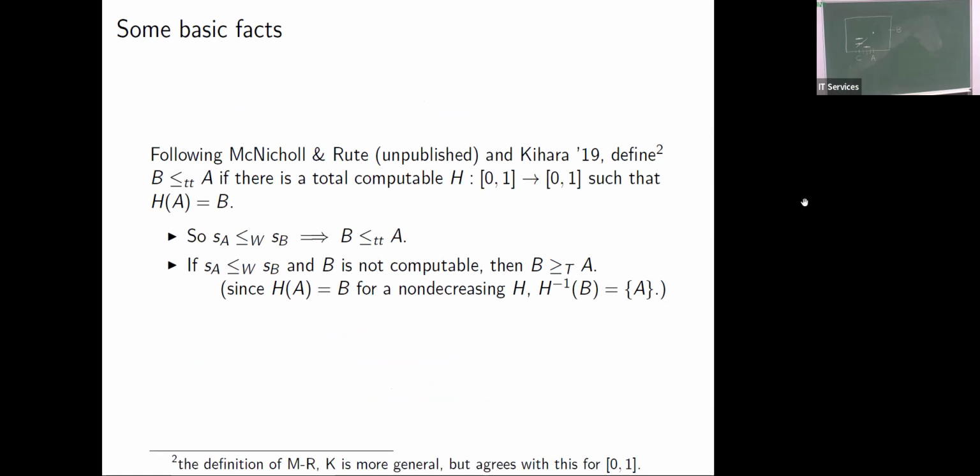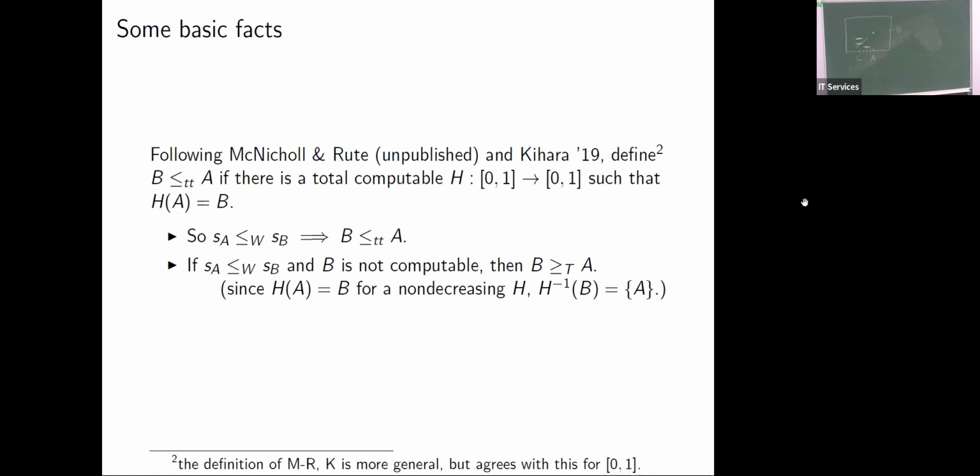We'll say that a real number A is tt above a real number B, and this is originally due to McNicholl and Root, if there is some total computable function from the unit interval to the unit interval that maps A to B. So just a natural generalization of one of the equivalent definitions of tt reducibility on Cantor space.